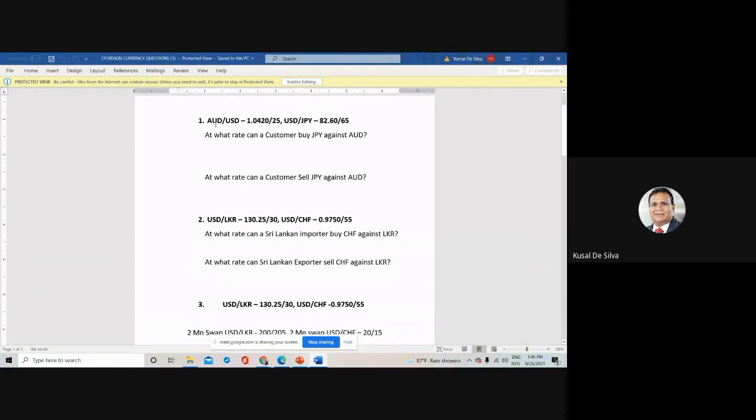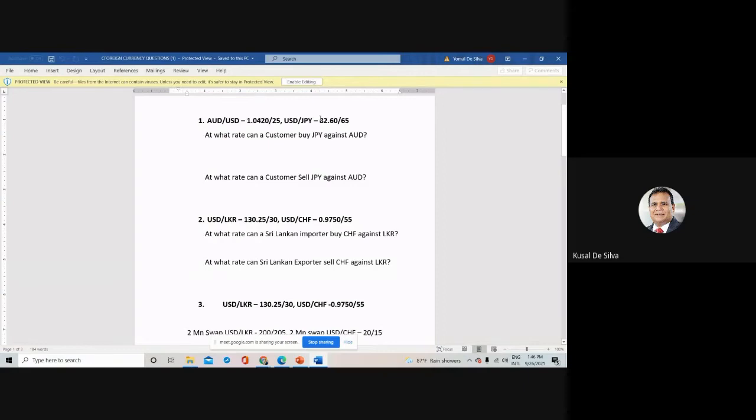Now I wanted you to understand the theory here. The question is at what rate the customer buys JPY against USD. Customer buys JPY means the bank will sell JPY. Here, is JPY a base currency or a quoted currency? It is the quoted currency. Then the bank will sell the quoted currency, but using what rate?